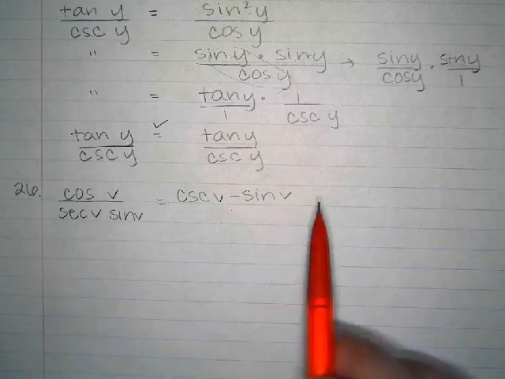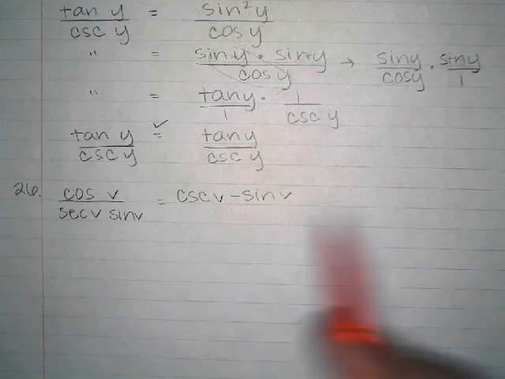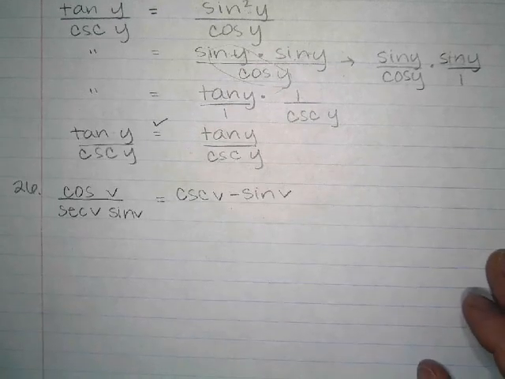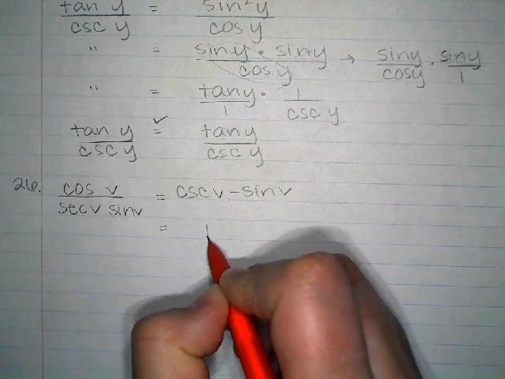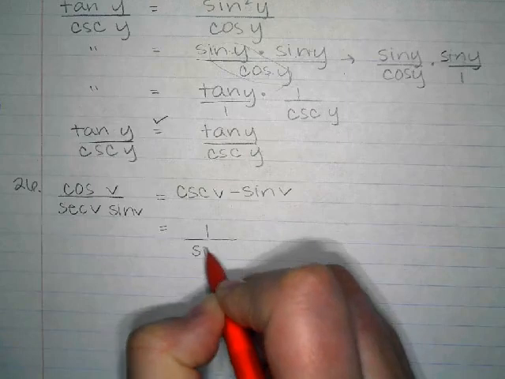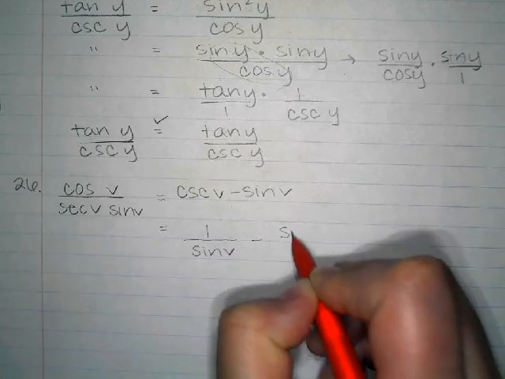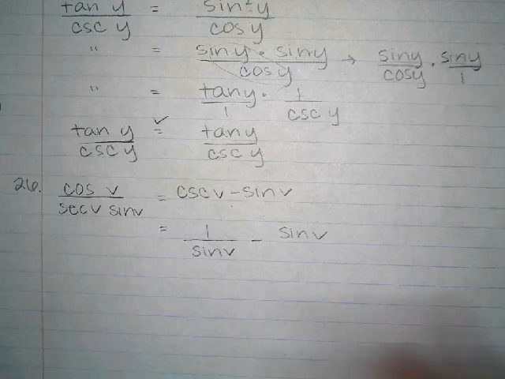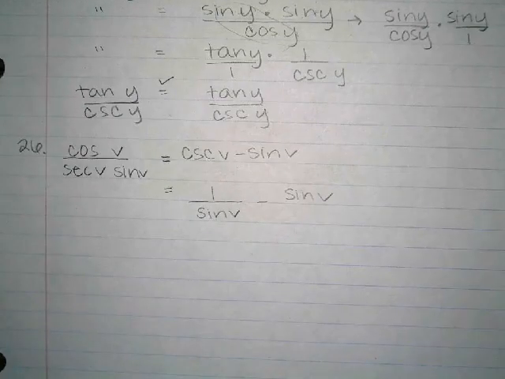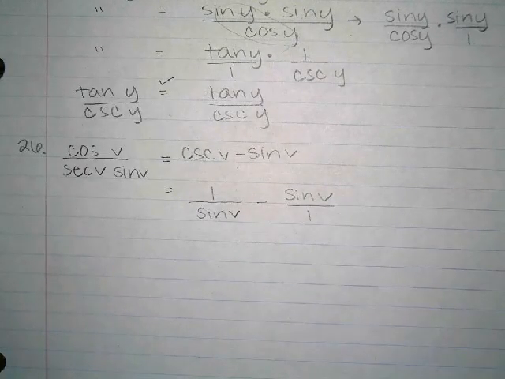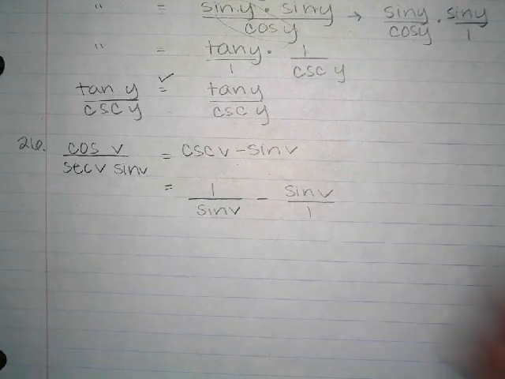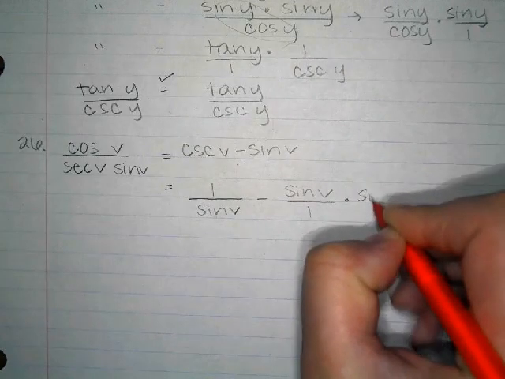So what should I do first on the right side? Cosecant is going to be rewritten as 1 over sine. And then what do I do? Put the sine over 1. Multiply by sine over sine, get that common denominator.